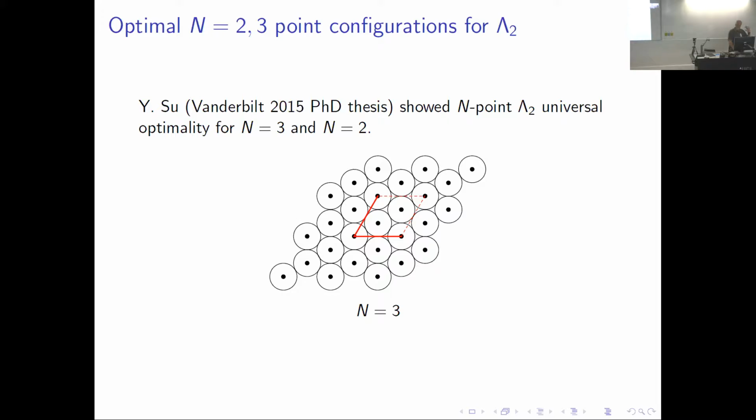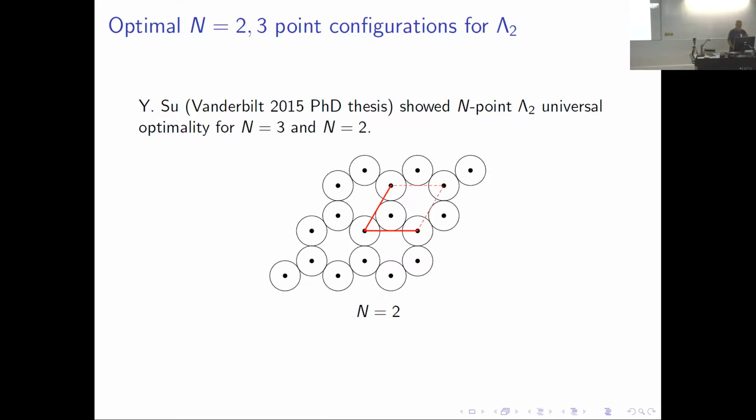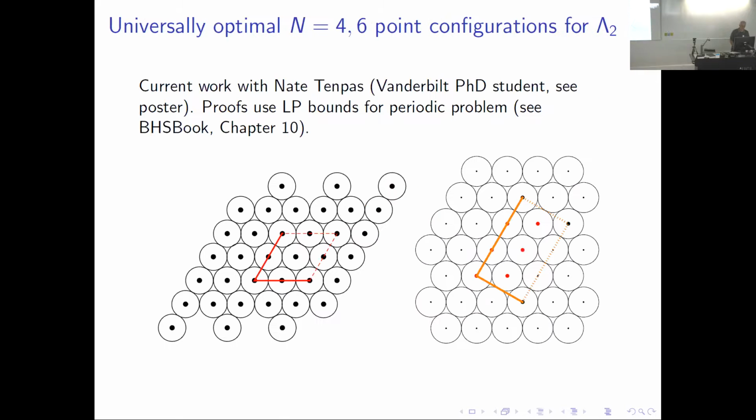It's interesting that because of the symmetry here, if you remove a point, then that's the optimal for 2 points. So this honeycomb structure is, with the symmetry, these 2 points are identical when you look at a fundamental domain for the G2 symmetry. So maybe it's not so surprising. Eugen showed 2 and 3, and these are unpublished because he disappeared and it didn't seem like enough for a paper.